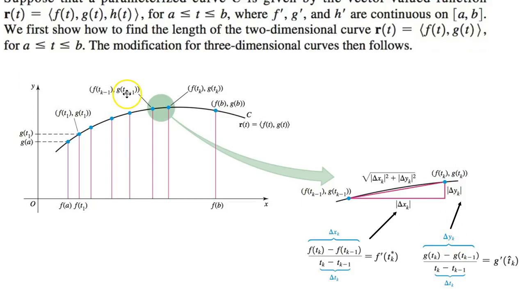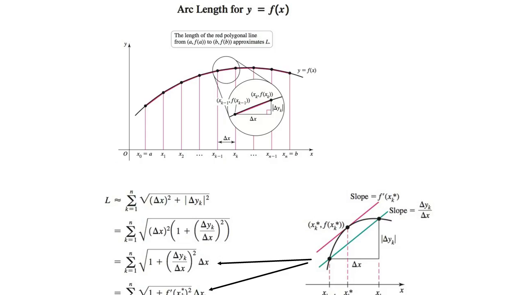If you think about how we've actually done something similar to this back in Calculus 1, just arc length in general of a function, not of a vector valued function or a parametric function, but just a function, y equals f of x. We did something similar to this.